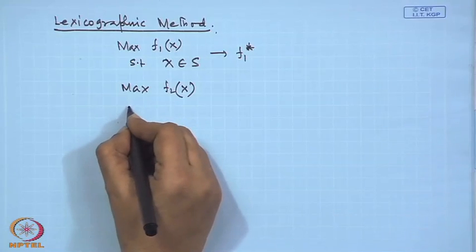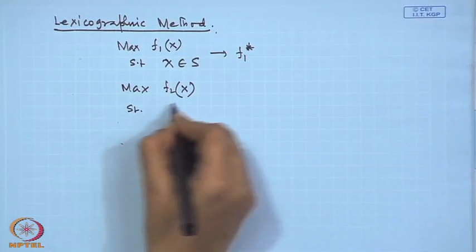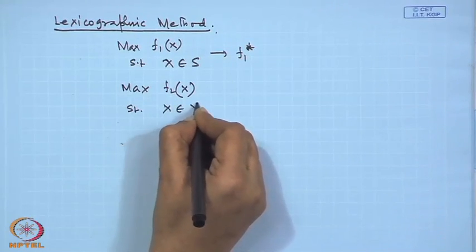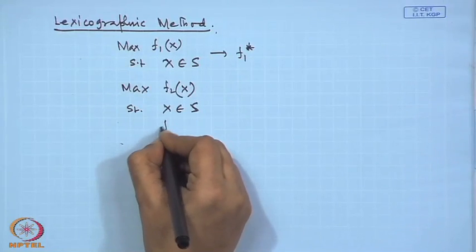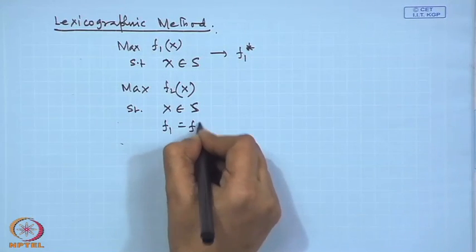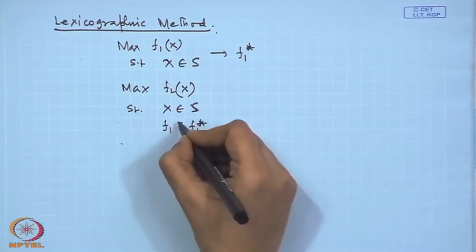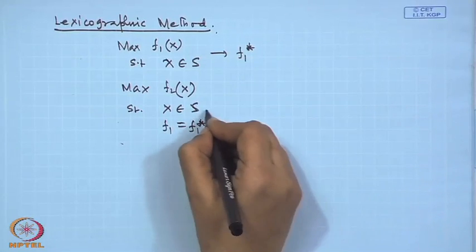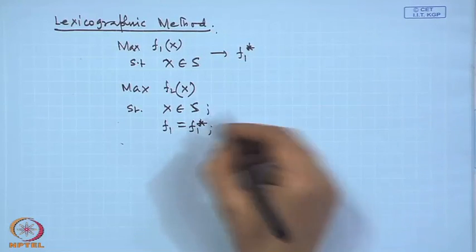That means the second rank, which is less important than F1. Then the decision maker will maximize F2 subject to the set of constraints again, but with another constraint here, F1 equals F1 star, because he does not want to compromise here.